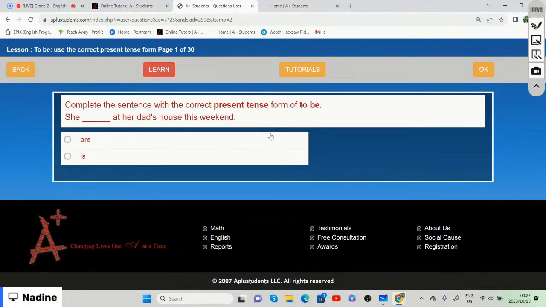Keeping also in mind how we said that if the subject is singular, referring to one person doing something, then we use the word is. If the subject is plural, referring to more than one person doing something, then we say are. So she, do we say she are at her dad's house this weekend, or she is?